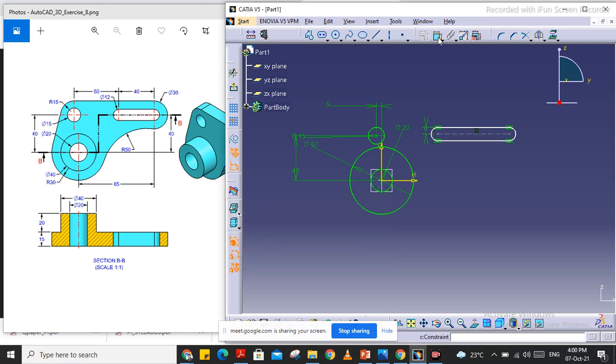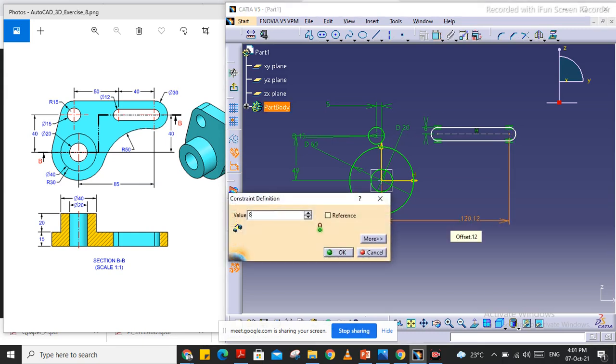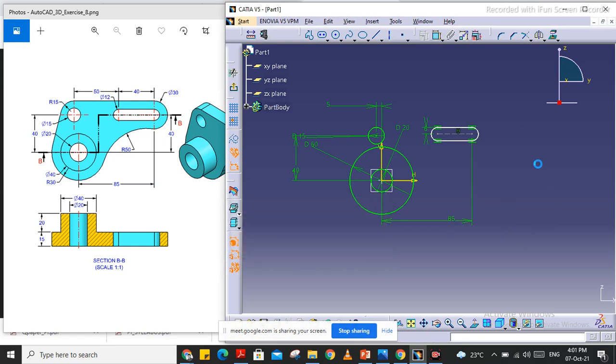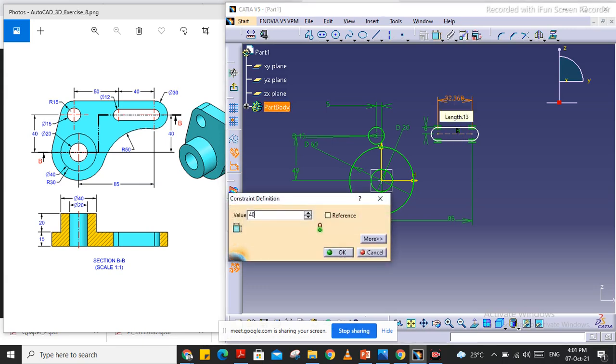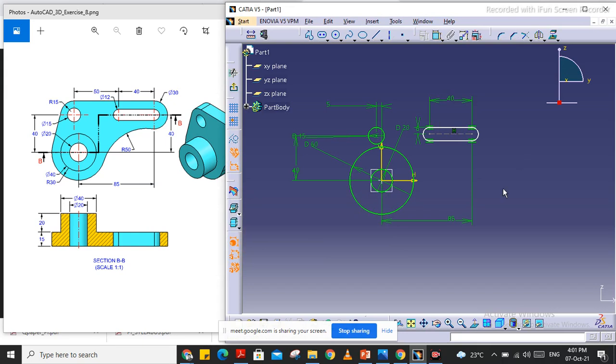So here we can see the axis and this center, it is 85. And here it is 40, and vertical it is exactly like that one.